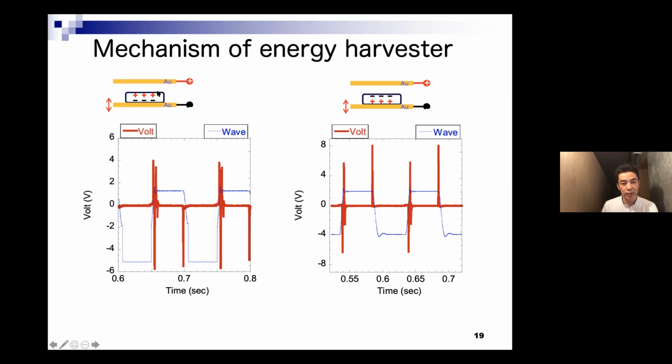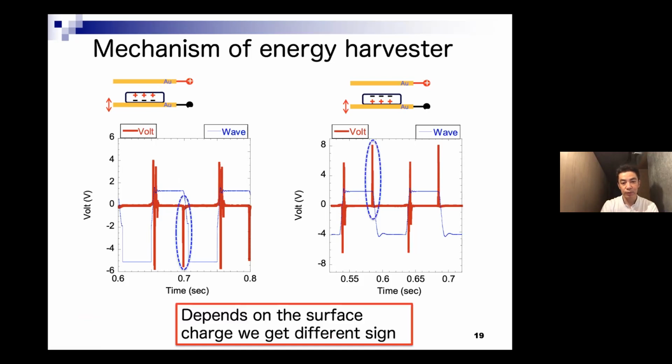When the cation side is on top, we can see a negative voltage. If you flip it, when we detach it, we can see a positive sign. So this is one proof that indeed we can see the electrostatic effect of this electric double layer electrode.